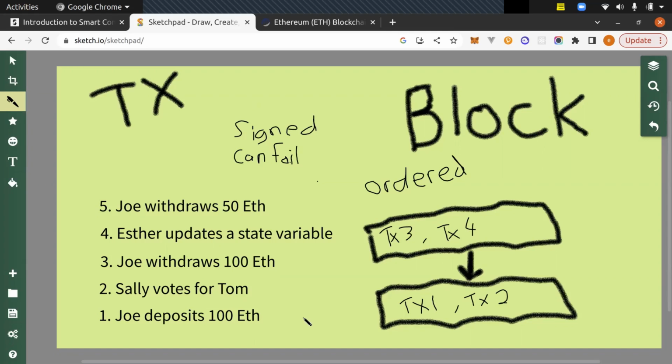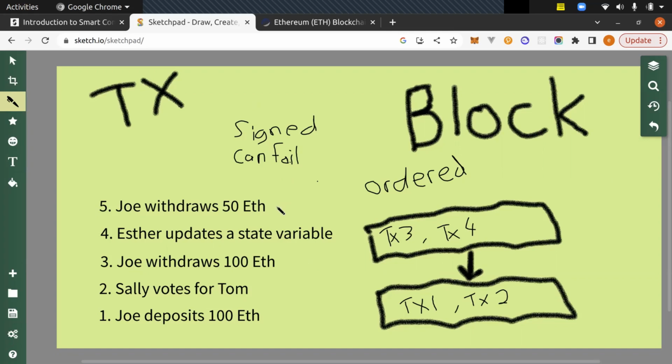And transaction 4, another unrelated person, maybe Esther, wrote a counter smart contract because she's teaching herself Solidity, and she wants to update a state variable. And transaction 5, Joe withdraws 50 ETH. Now, wait a minute. Joe deposits 100, he withdraws that 100, he doesn't have any ETH left.